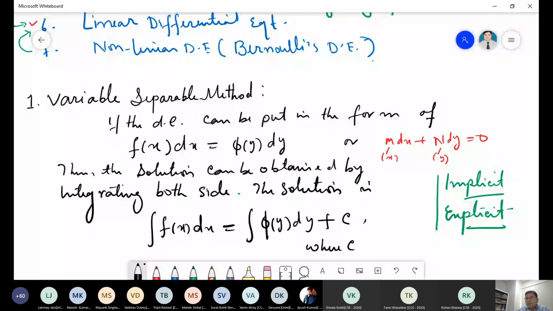So if it is an explicit function, we can separate it by using the separable variable method.